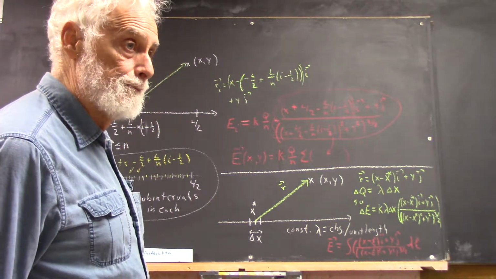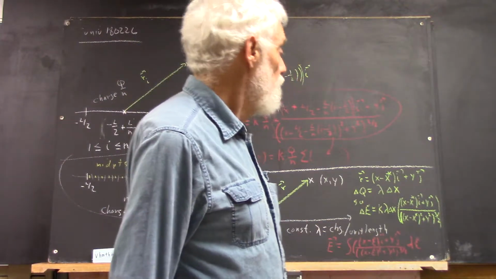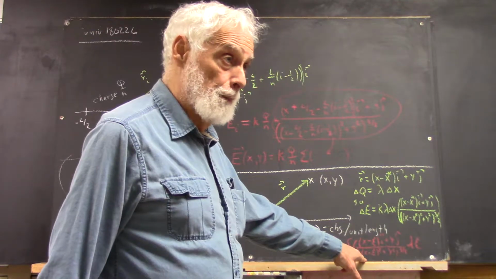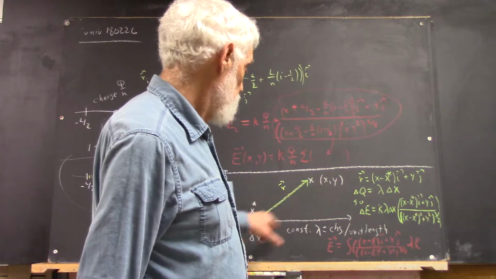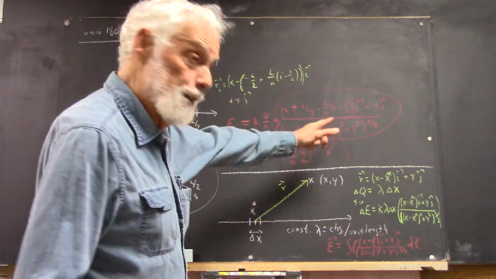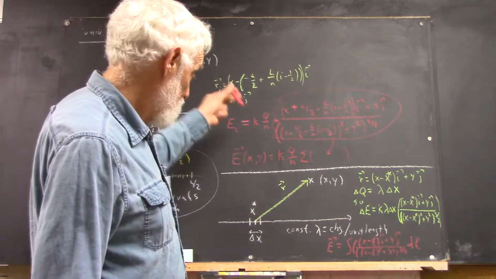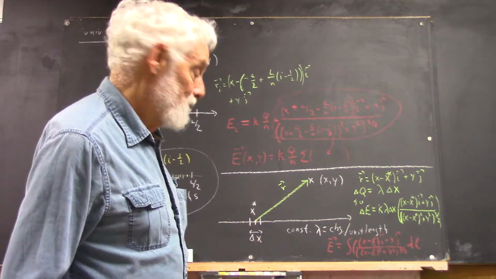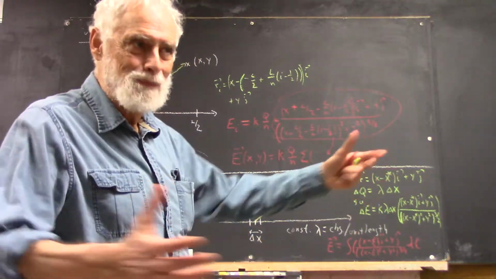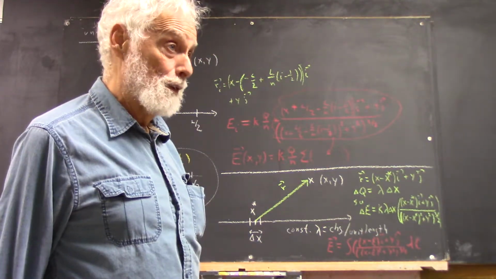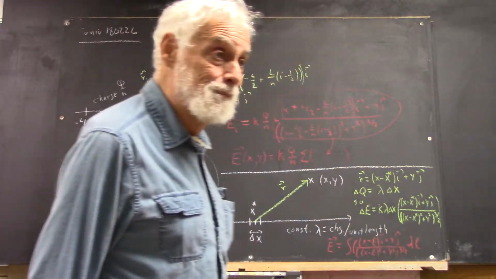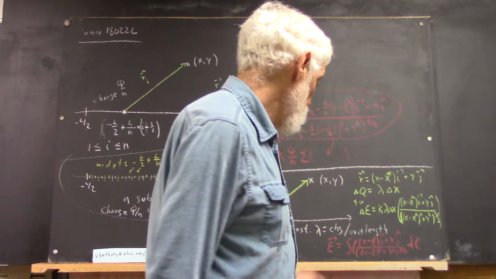Very simple to get from here to here, except you do have to be careful to use a dummy variable down here. Because if you use x here and x here, you get 0 for the i component. Clearly, that's not right, except it points directly above and below x star. But x star has to keep changing. It has to go over the whole x-axis, right? So we replace it by some symbol and integrate with respect to that symbol.